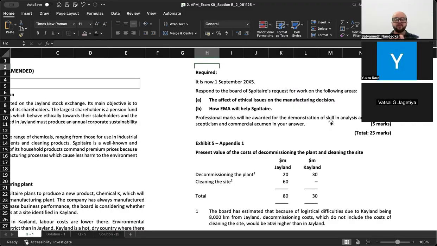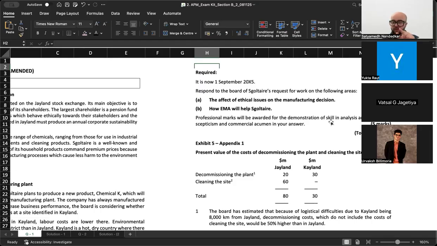Now, if you observe, in all the other papers the requirement itself is very clear, and by looking at the requirement you know what to pick up. In most APM questions you will not know that. If you just look at the requirement here, effect of ethical issues on manufacturing decision, you know nothing of what the situation is.